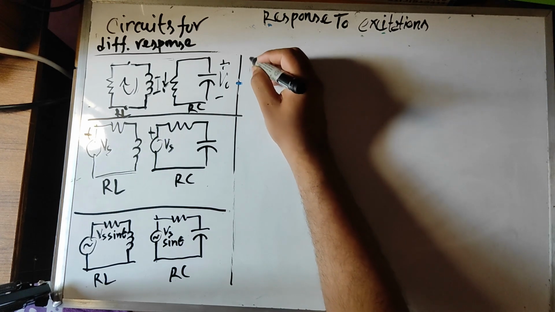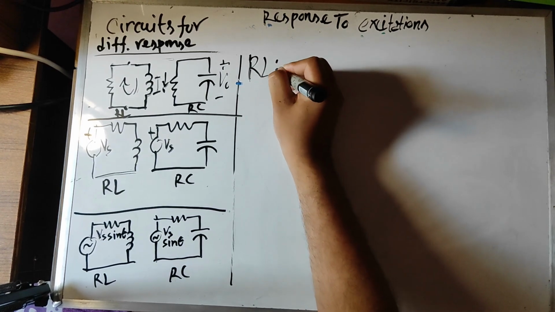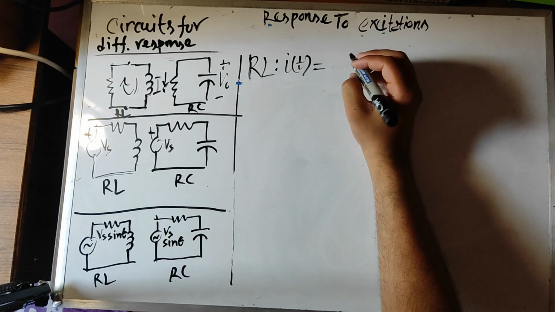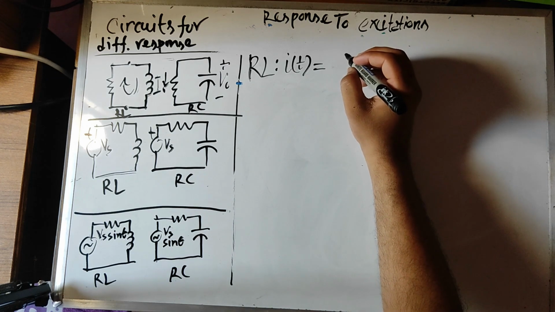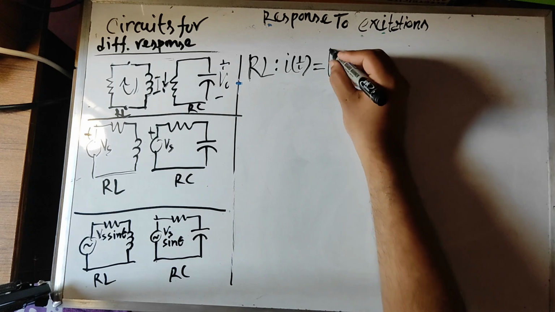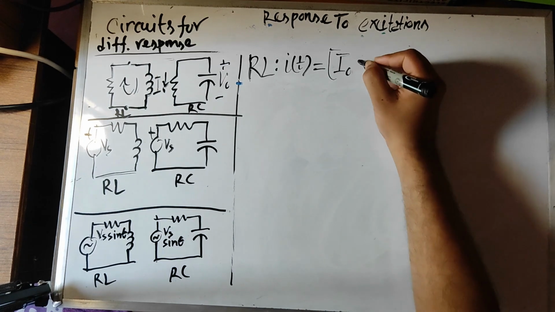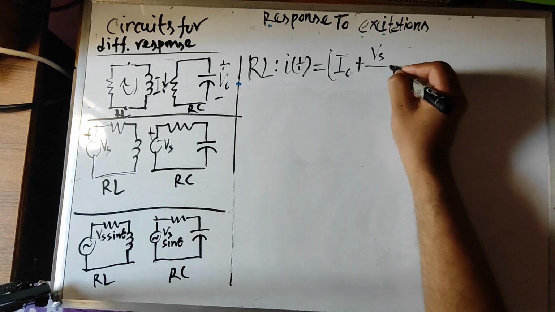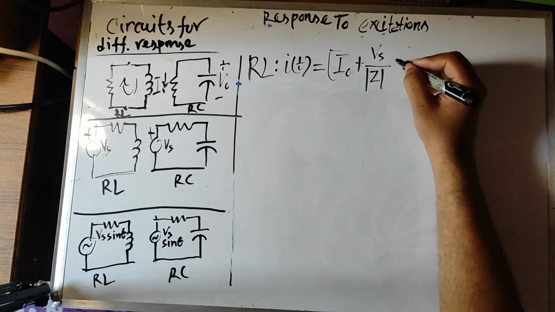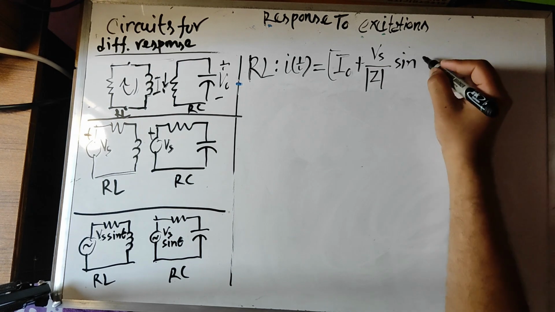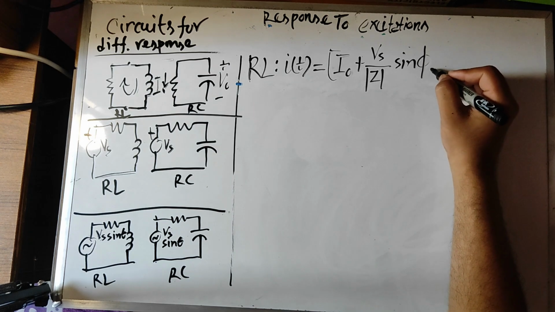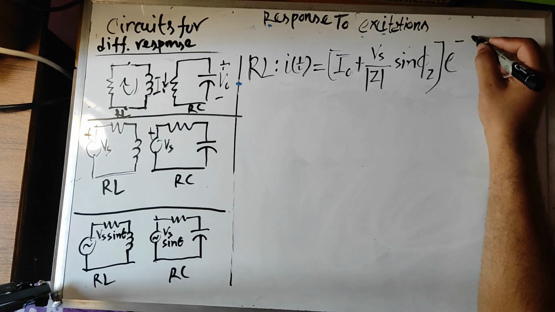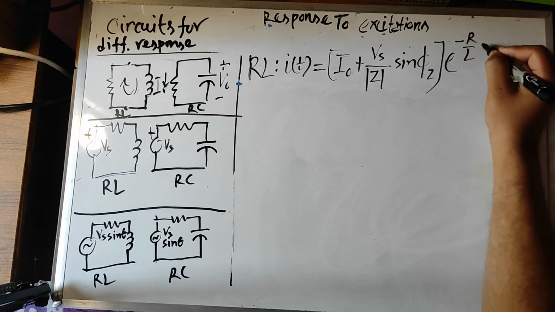So for RL, the RL response i(t) equals the transient part, the initial current if there is an initial current, plus Vs by impedance, sine of a phase shift phi z, times e to the power minus R by L t.